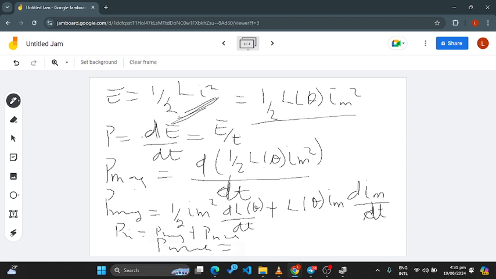So that means P mechanical should be equal to the P in minus the one stored in the magnetic circuit. So now we know P in, we know P magnetizing, so then we can determine our P mechanical.